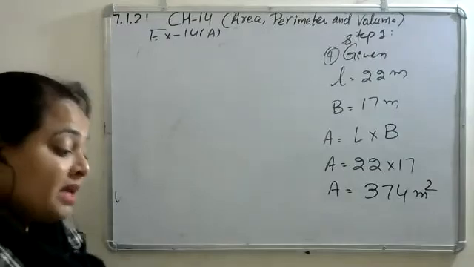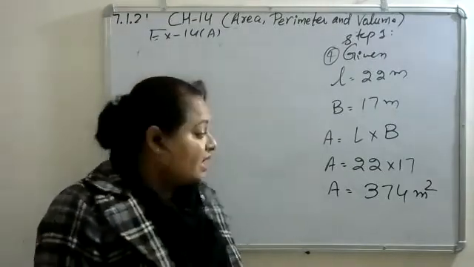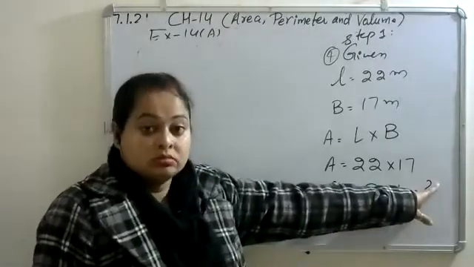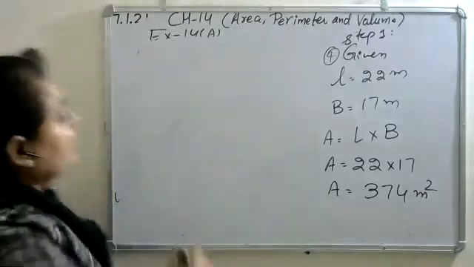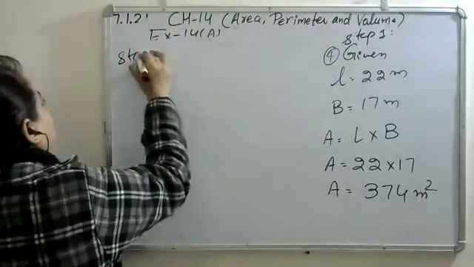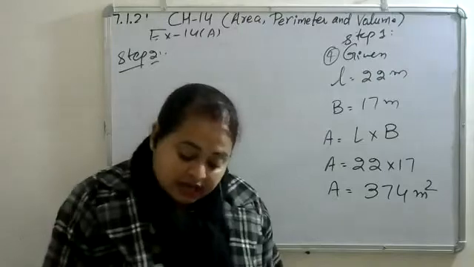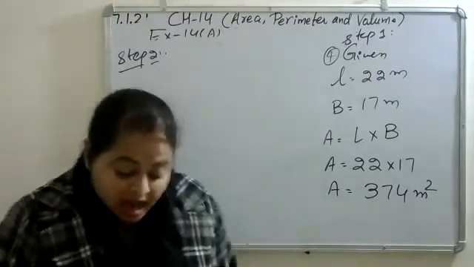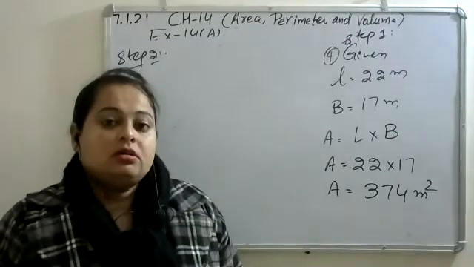Natansh, not meter. This is area and the unit of area is meter square. Meter की power 2. Don't write meter. Okay. Now, second step. Step number 2. As the question is to find the labor charges, at the rate of rupees 8 per square meter.